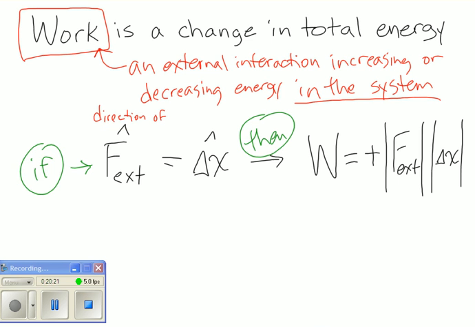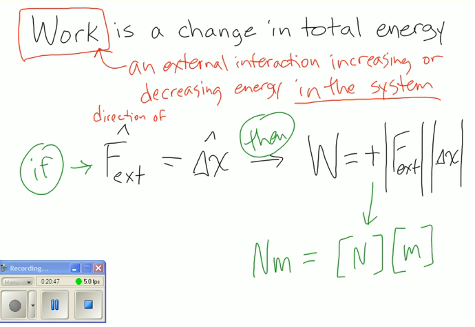And this was our first way of putting a number on a change in energy. Because we know if we can measure a force in newtons, and if we can measure a displacement in meters, we can combine those to produce a quantity that has units of newtons times meters, a force exerted over a distance.